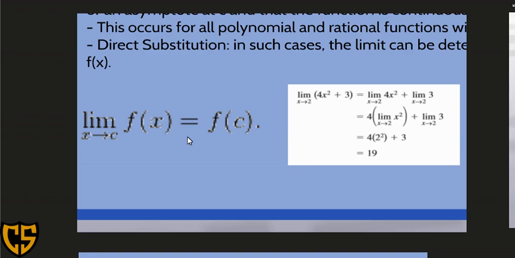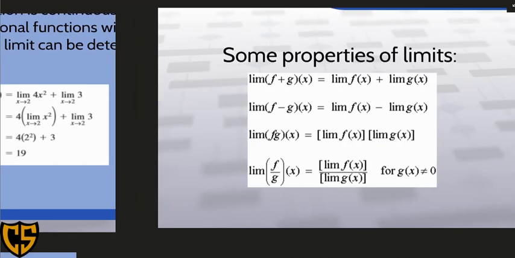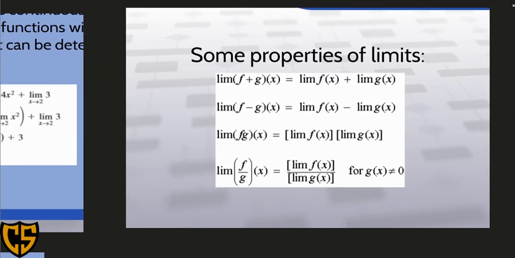Okay, so for example, we have this equation and we are going to solve it. We will find the limit as x approaches 2. Also, take note of some properties of limits that we need to know. This pertains to the limit theorems.